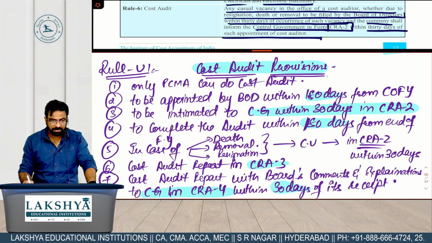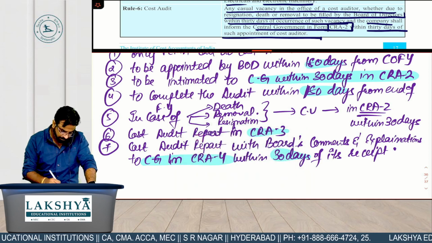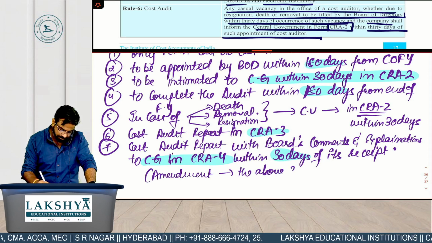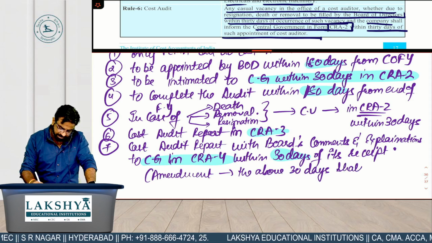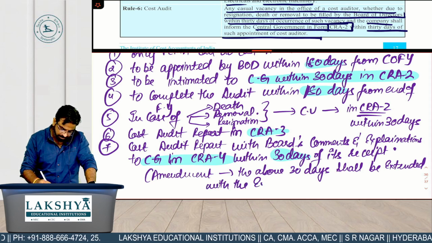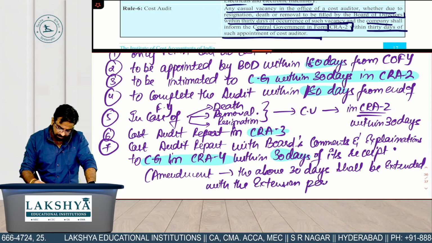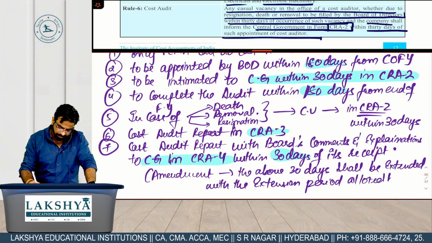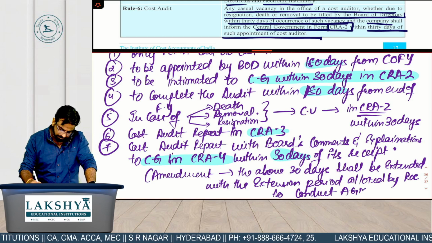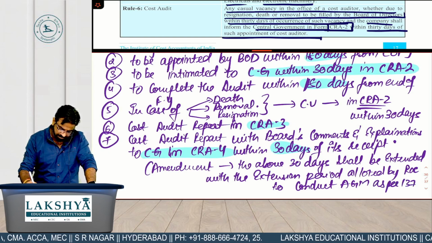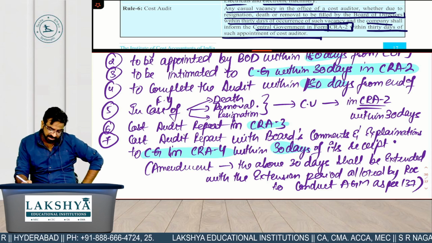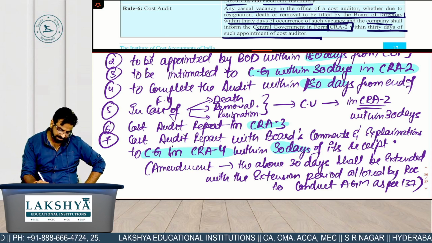What other points are there in this? Yes, there was an amendment. The above 30 days shall be extended with the extension period allotted by ROC to conduct the AGM as per section number 137.